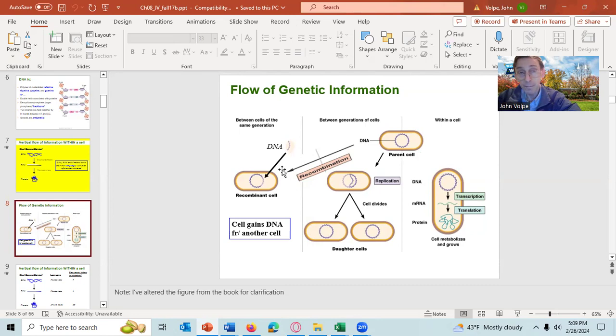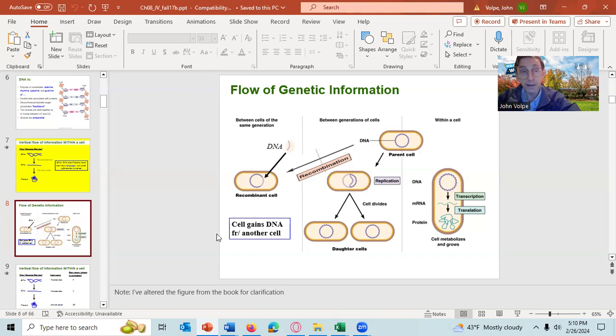It is taken up by a recombinant cell, and then that DNA is expressed in the recombinant cell. And we'll talk later in this lesson about the 3 ways that DNA can leave one cell and then enter another cell. But that's the flow of information between cells of the same generation.